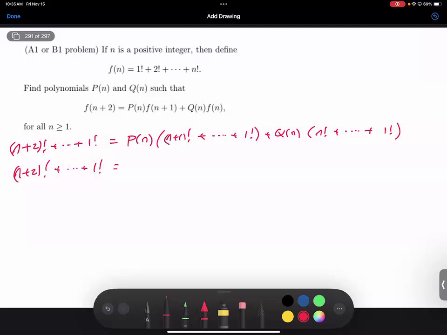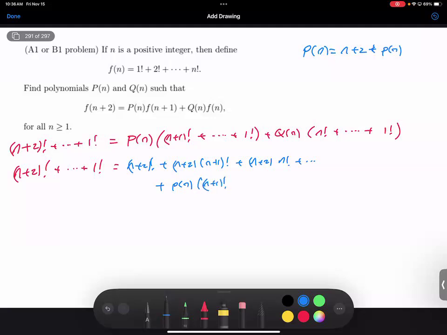So if we write P_n as n plus 2 plus, let's say, maybe little p of n, then you would get (n+2) factorial plus (n+2) times (n-1) factorial plus (n+2) times, oh sorry, that would be (n+1) times n factorial plus dot dot dot, and then plus p of n times (n+1) factorial plus dot dot dot all the way down to 1 factorial.